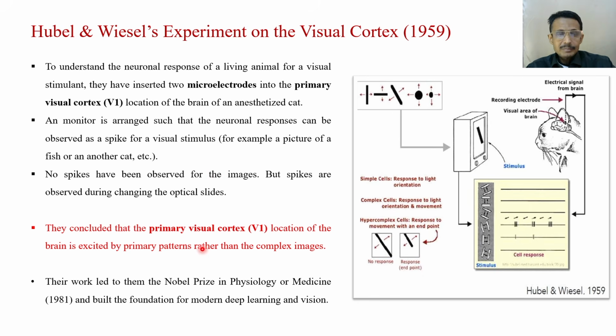Initially they thought it was basically noise. But when it came regularly whenever the slide was changed, they looked at it more seriously and concluded that the neuronal response in this primary visual cortex area was caused not by a very complex image but by very primitive geometrical patterns, like lines, slanted lines, horizontal and vertical lines.